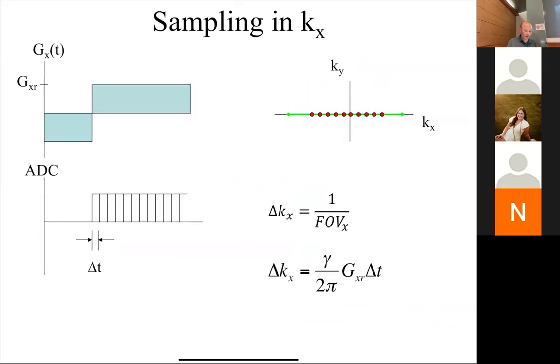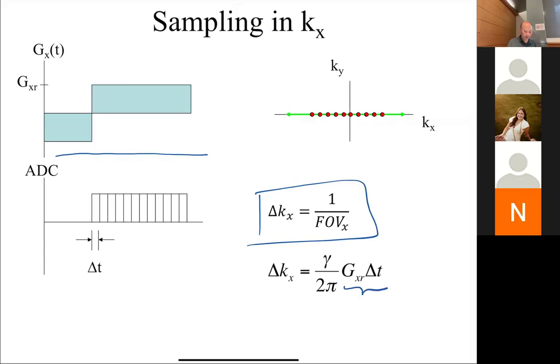In terms of your homework assignments, what you need to remember is pretty easy: delta kx equals 1 over the field of view. Then we looked at the special case of a spin warp where we were sampling with a gradient like this for the readout direction. We said that delta kx in this case is gamma over 2 pi times Gx,r times delta t.